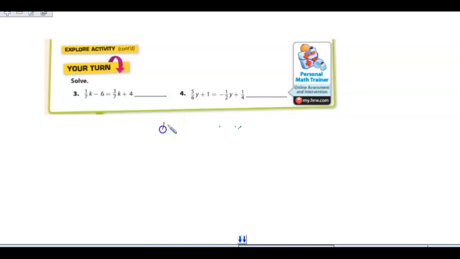So I'm going to take my 12 times my 5/6 y, plus my 12 times 1, equals my 12 times negative 1/2 y, plus 12 times 1/4. And now I can simplify.